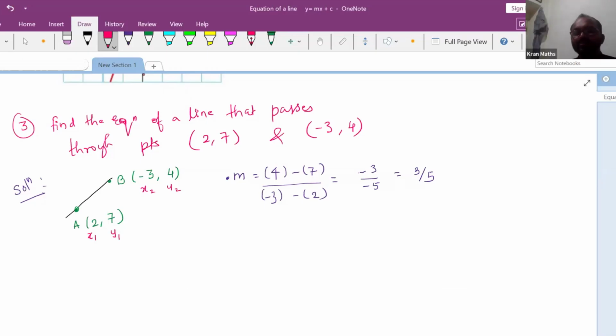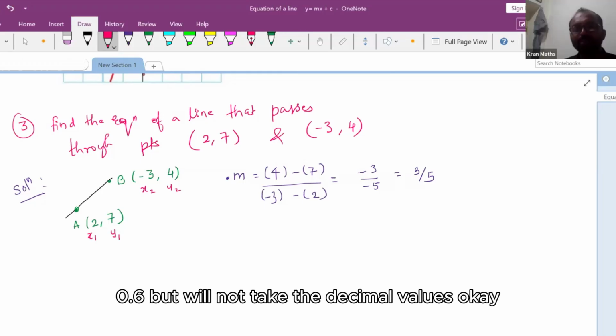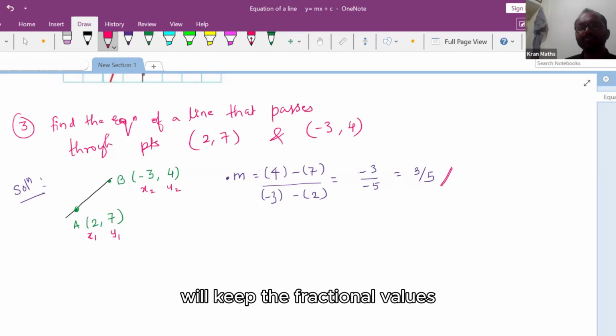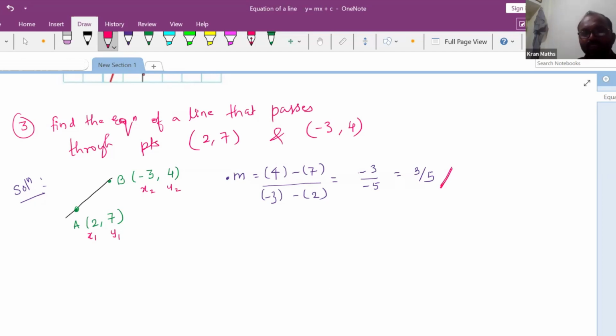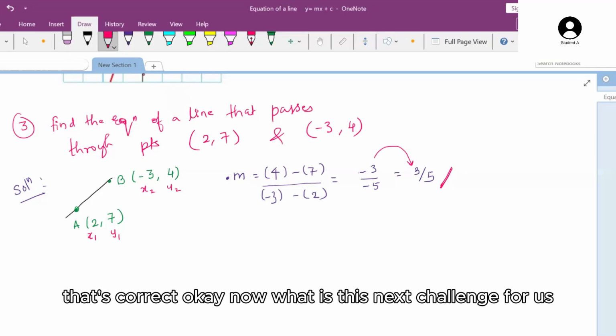It will be 0.6, but we will not take the decimal values. We'll keep the fractional values. Is this correct? Minus 3 over minus 5 is 3 over 5. Yes, that's correct. Now what is the next challenge for us?